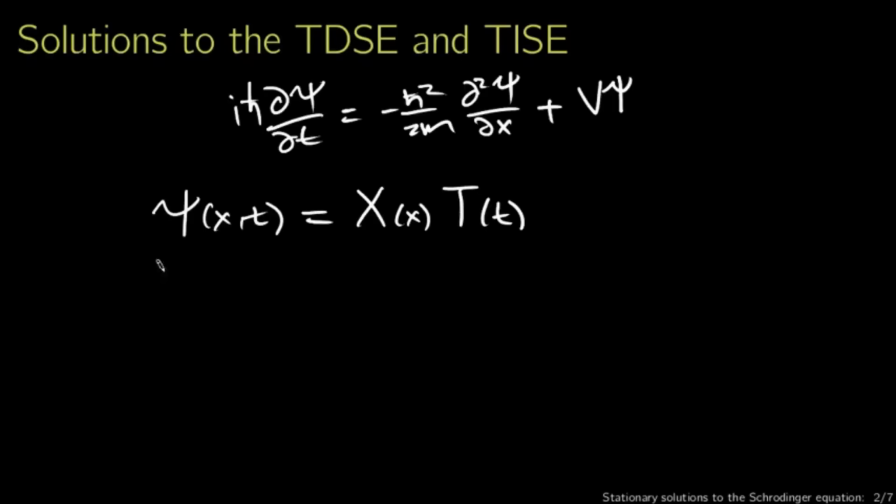So let's take a look at the properties of these separated solutions. First of all, these solutions are called stationary states. What we've got is psi as a function of position and time equal to some function of position multiplied by some function of time.